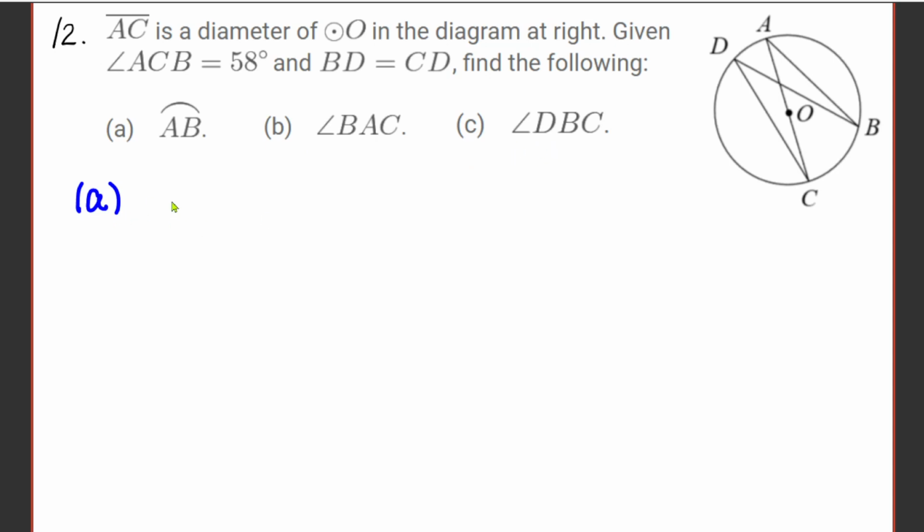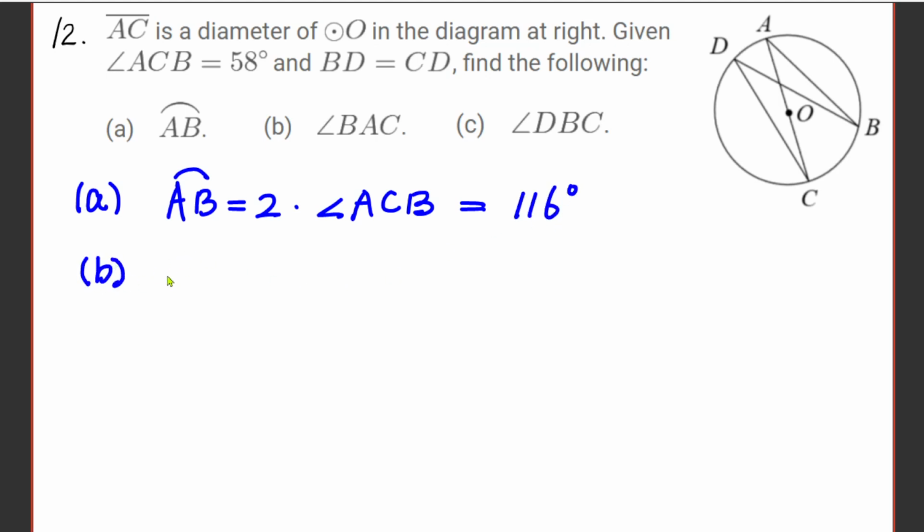Okay, first question. Arc AB can be given by 2 times the angle ACB, right? Because angle ACB is inscribed in that arc. So that gives us 116 degrees. Okay, second question, angle BAC.